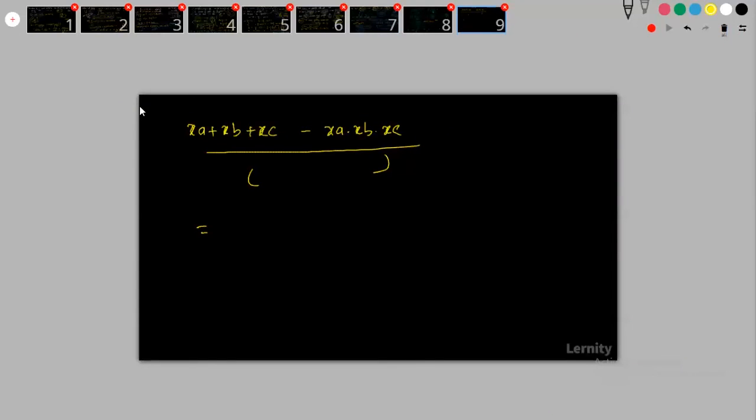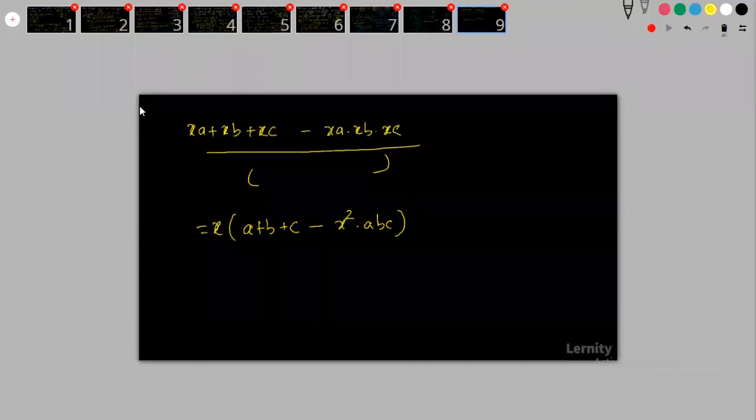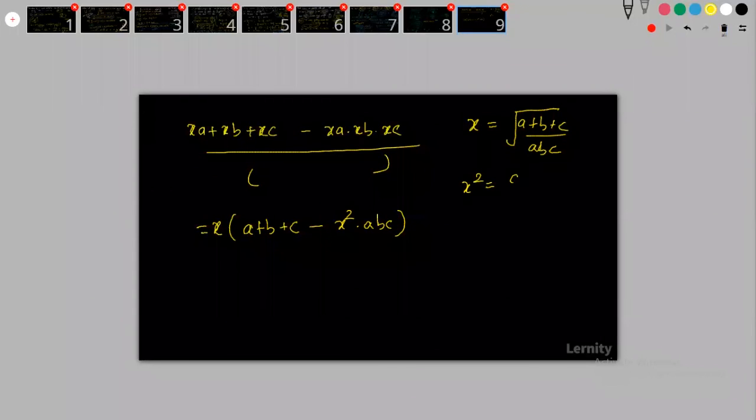If I take X common, this is X into (A plus B plus C) minus X square into ABC, right? And what was the value of X? X was under the root of (A plus B plus C) by ABC. So X square is equal to (A plus B plus C) by ABC.